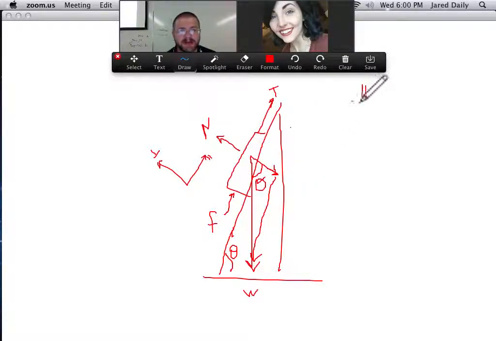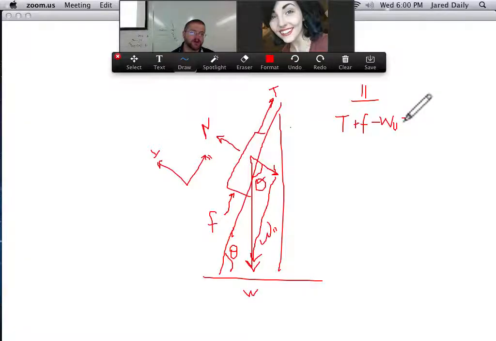We're going to have tension force, which is positive. We're going to have friction force, which is positive. We add those together. And then we have a weight parallel force, which is going downward, so it's negative, so it's minus weight parallel. And that's all the forces in the parallel direction, right?